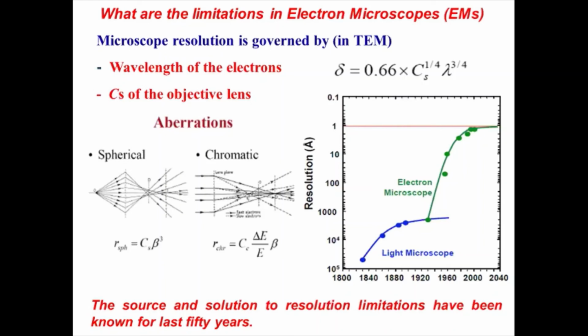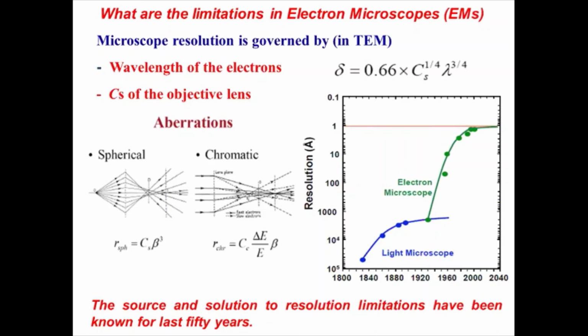It was expected that around 2000 one could achieve a resolution of 1 angstrom unit. Why can we not get a resolution higher than 1 angstrom unit, or why is there a saturation? The limit to the resolution is due to aberrations, a noise or error.